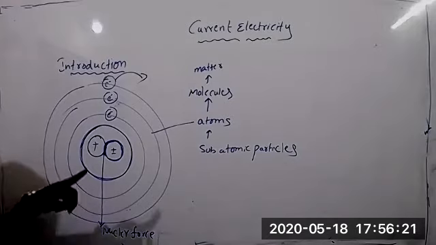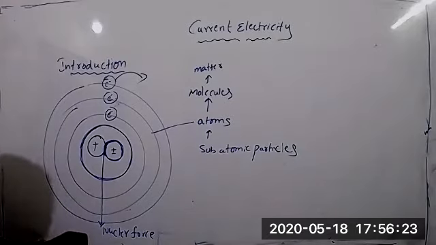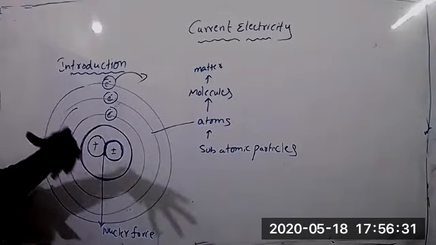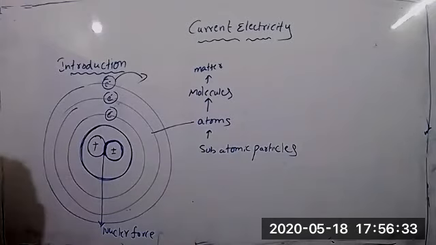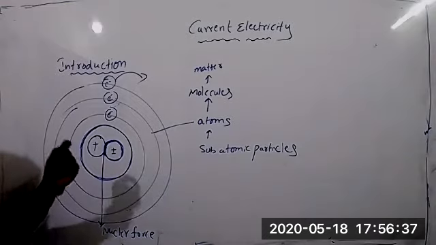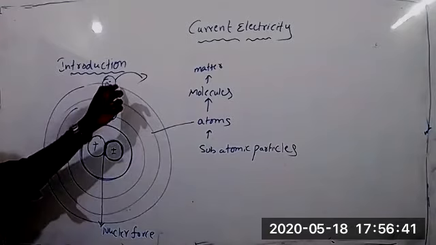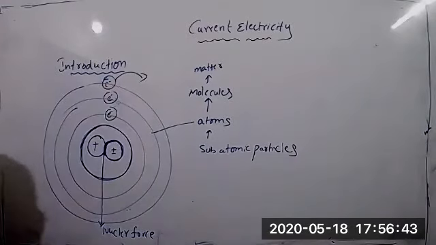But outside, whatever we are showing is conventional current. What is the meaning of that? I will tell you. The flow of free electrons causes current. Simply, we write the rate of flow of charges, which charges? Free electrons.